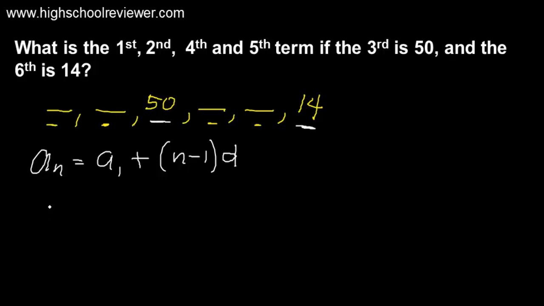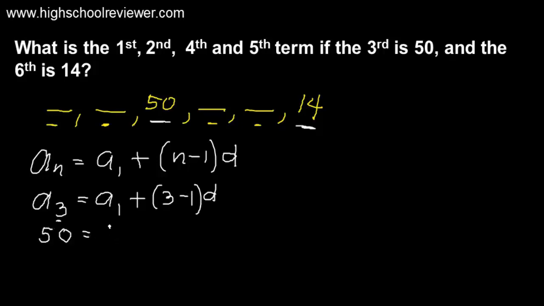The equation for the third term will be a sub 3 equals a sub 1 plus n minus 1 multiplied by d, where n is 3. The value for a sub 3 is positive 50. This will be equal to a sub 1 plus 3 minus 1, which is 2, times d, that is positive 2d. Let us call this equation 1.